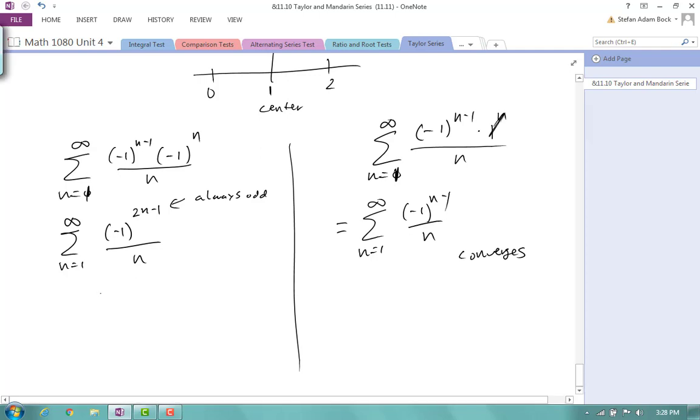But that means that this is a harmonic series, and not alternating, so it must diverge. So this is a series which converges from 0 up to 2, including 2.